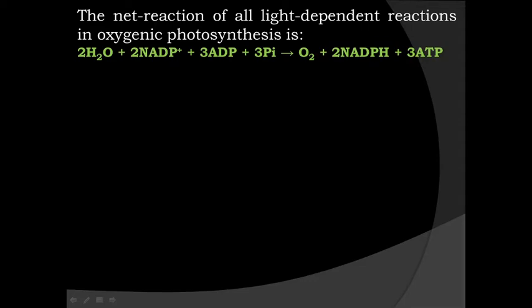Now these NADPH and ATPs, synthesized during cyclic and non-cyclic photophosphorylation, are utilized for the conversion of atmospheric CO2 to carbohydrates during light independent reactions or dark reactions.